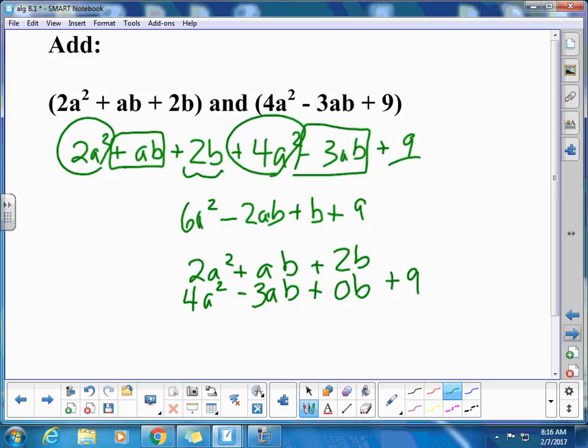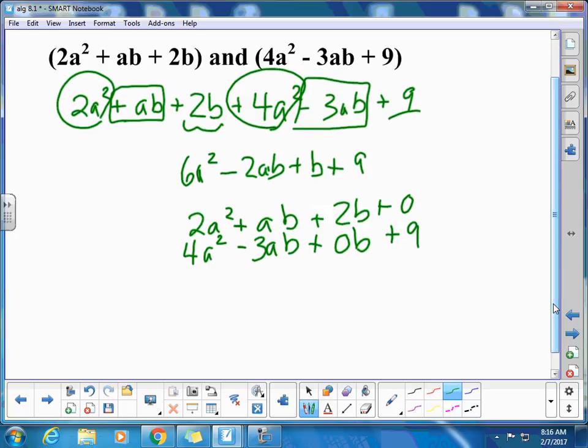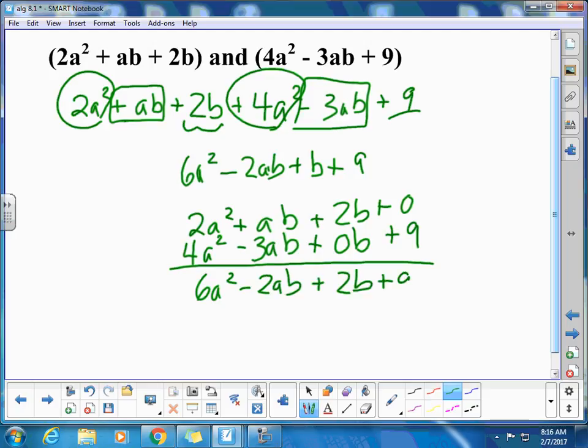So this would be plus 0 on top also. And now we're all lined up. 6a squared minus 2ab plus 2b plus 9. Oh, and I noticed up above I had a mistake. It was supposed to be 2b there. I don't know why I just put a b, but that should have been a 2b up above. So there's horizontally and vertically adding.